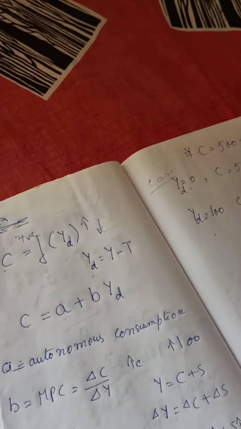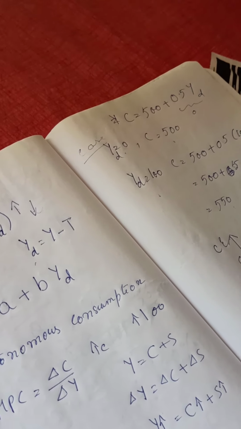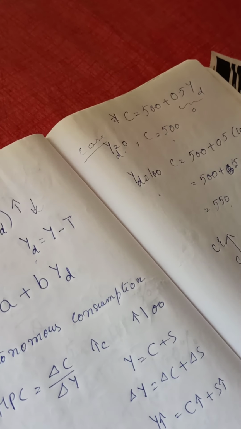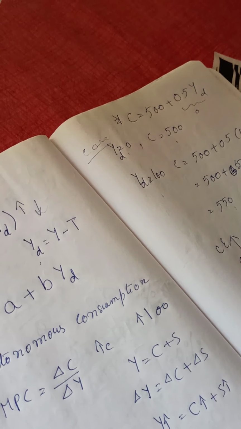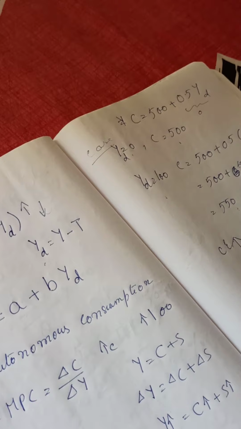Okay, so I would like to tell you one thing, that the value of MPC tells us whether you are a rich person or a poor person, or whether the country is a rich country or an underdeveloped country. If the value of MPC is 0.8, then it suggests that the willingness of that nation to consume is very high. Because the value of 0.8 of MPC suggests that they are going to consume 80% of the increased income.